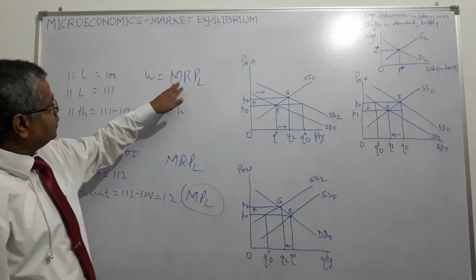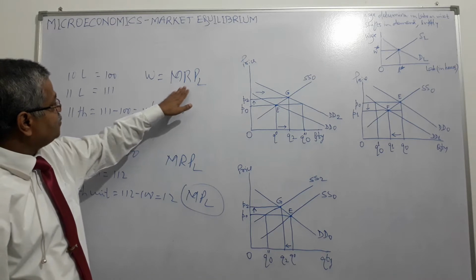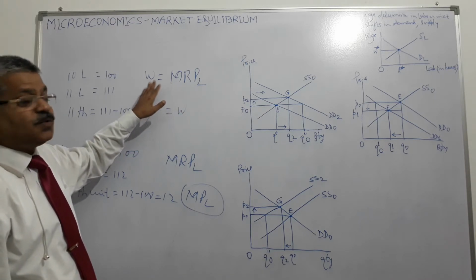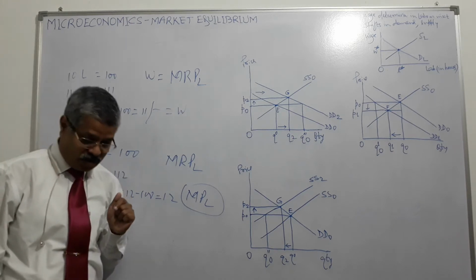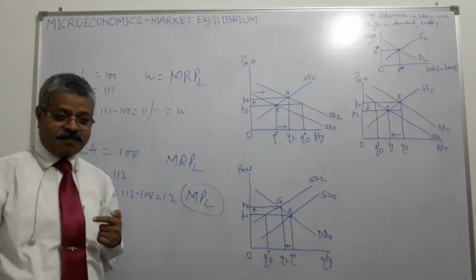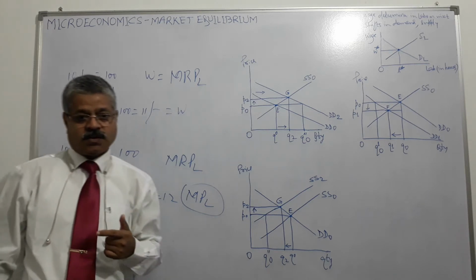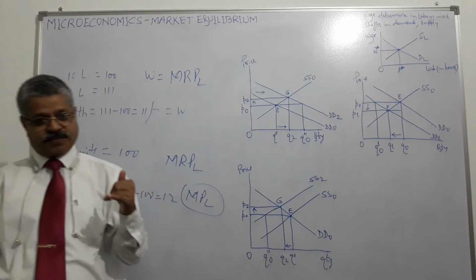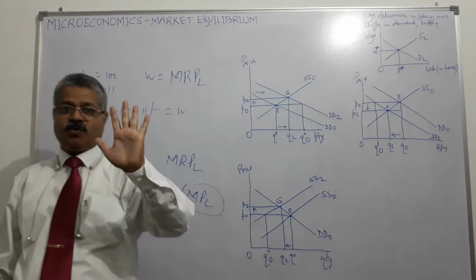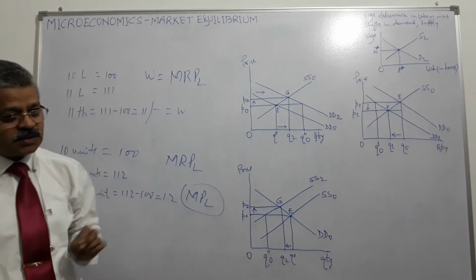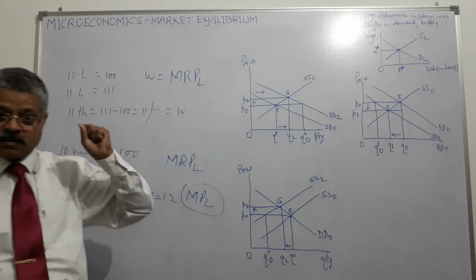The moment it comes below this, the firm needs to stop employing additional labor, because by employing each additional labor, the firm will incur further loss, right? Thus, while hiring labor, the firm employs labor up to the point where wage rate is equal to marginal revenue product of labor, right? And we know what is MRPL? MR times MPL, right?